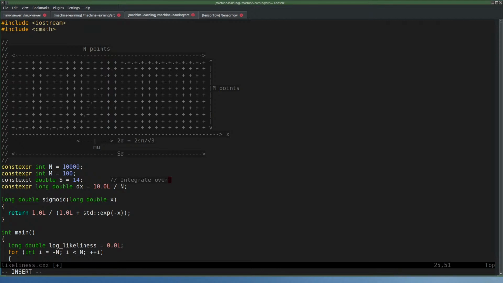Integrate over plus or minus 7 standard deviations. I'm from the Netherlands.